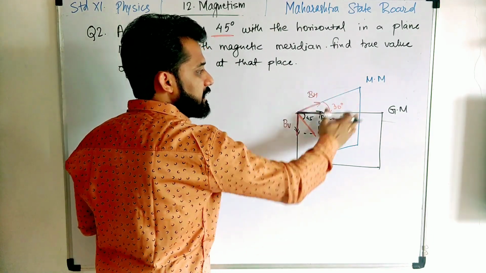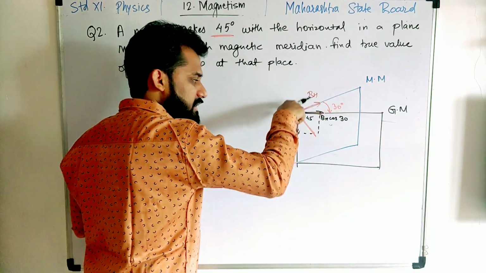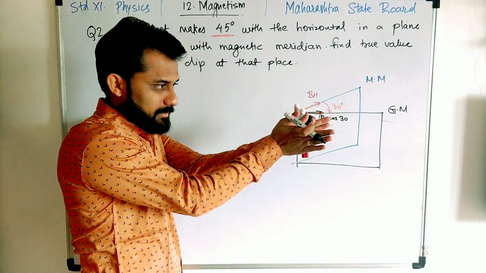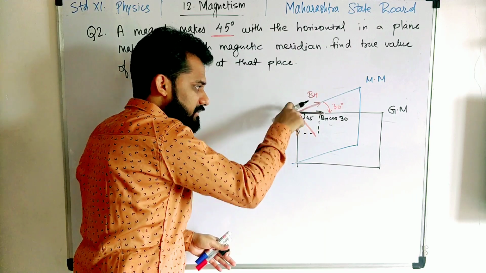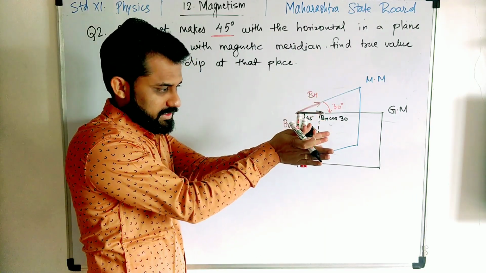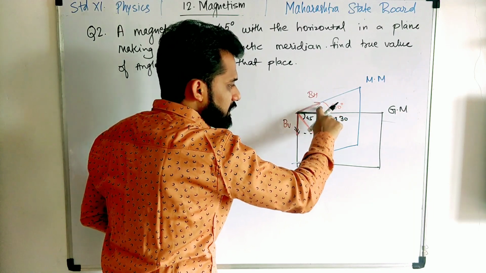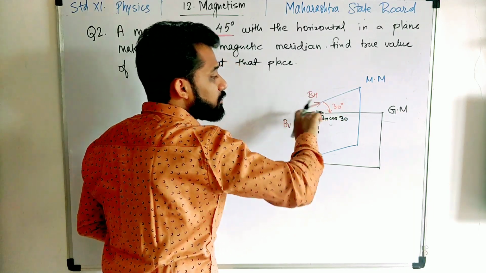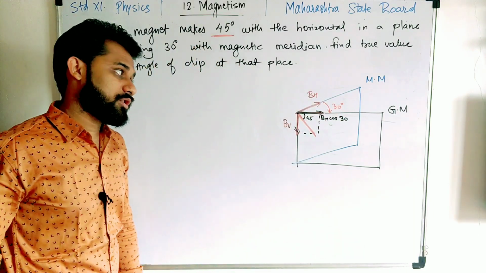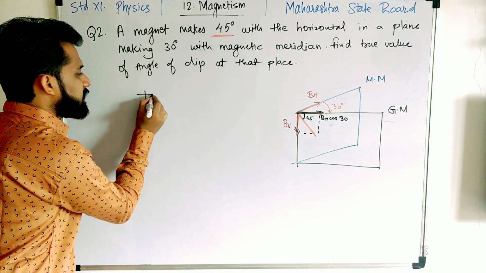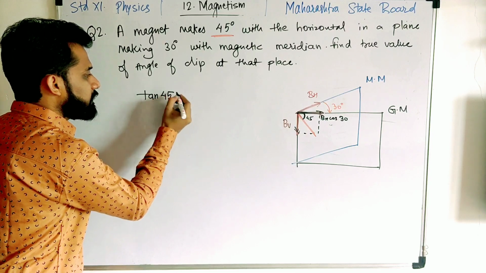In the magnetic meridian, BH and BV are present. But in the other plane, if you rotate the plane, BV will remain the same because it is still the intersection, but BH is going to shift by what angle? Theta, 30 degree. So this horizontal component will shift and become BH cos 30. So in this expression, as the angle is given, if I use tan 45 in the equation, what will tan 45 give?